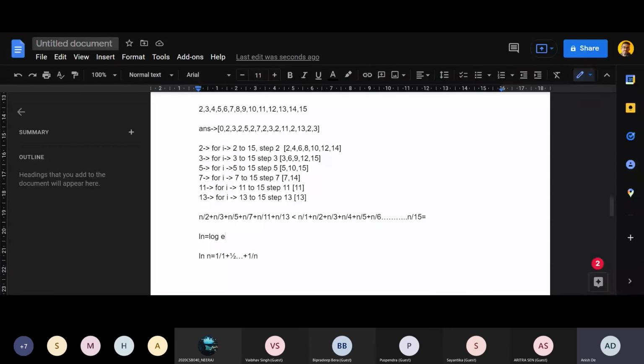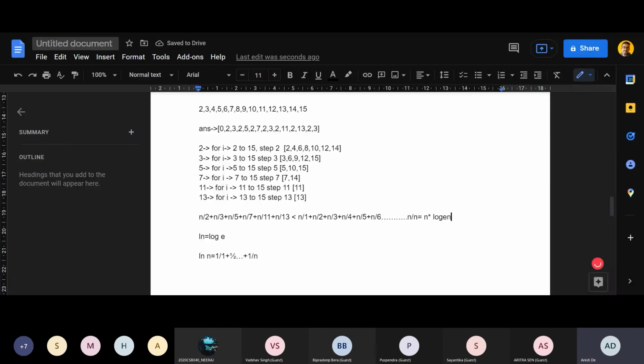So this is the expansion of log base e n. If we multiply n to this series, we get this series, right? Look at this carefully. The value of this series is n into log base e n.